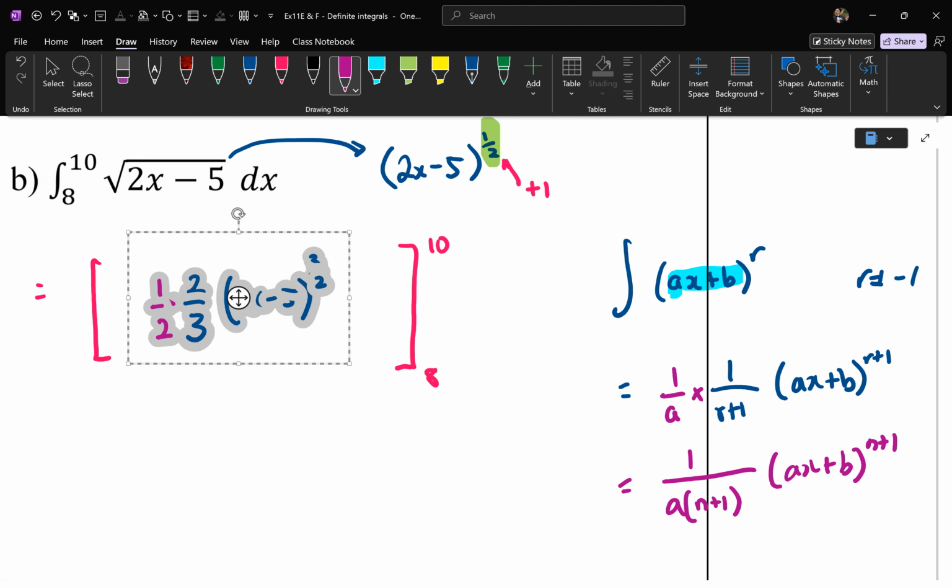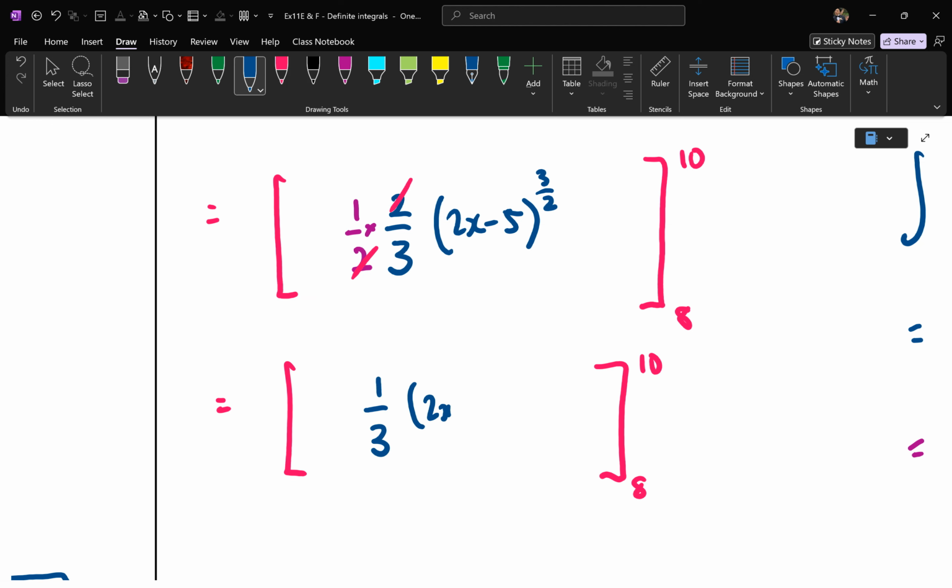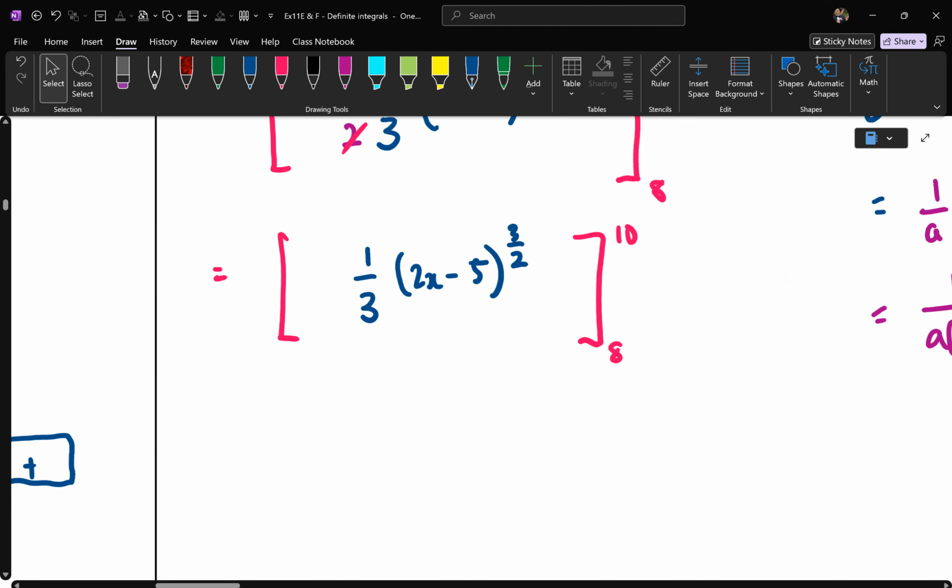Let me just pull in the video. Here we go, between 8 to 10. The 2's cancel out. So you're doing 1/3 of (2x minus 5) all to the power of 3 on 2.